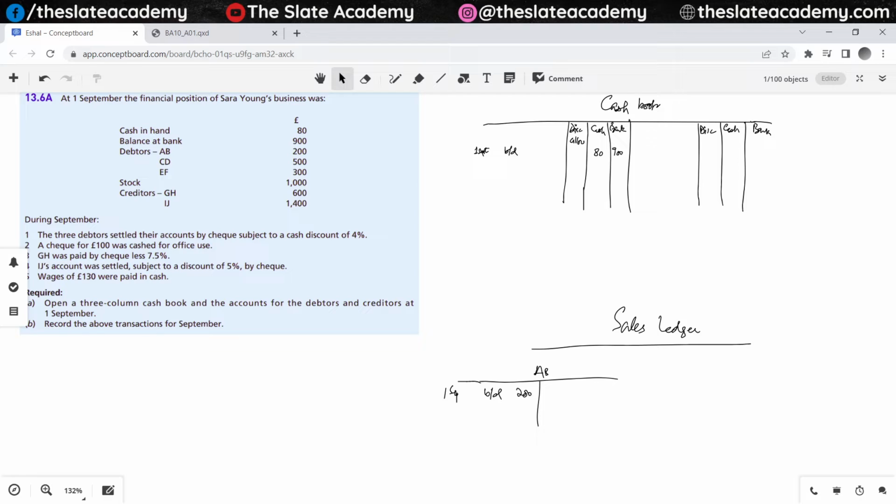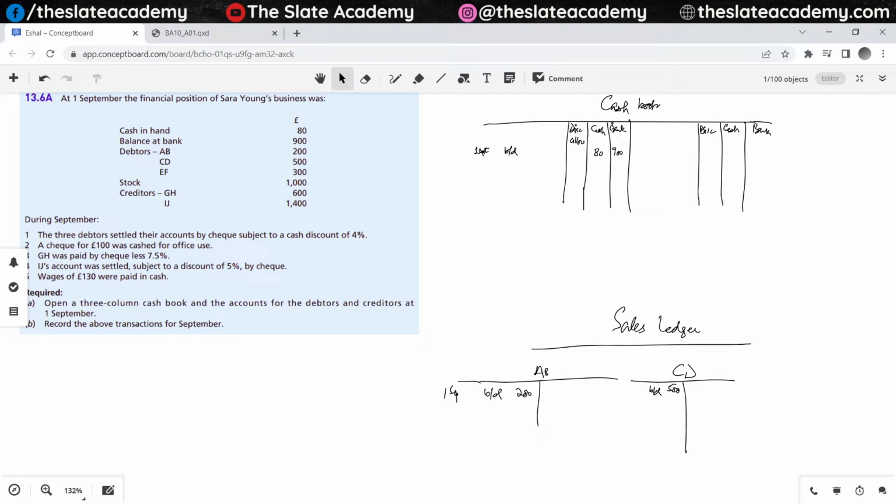Then we have CD. For CD, the brought down balance is how much? Brought down is 500.